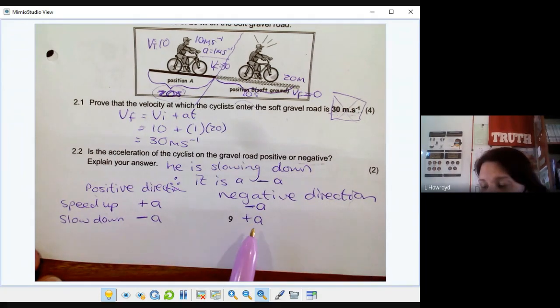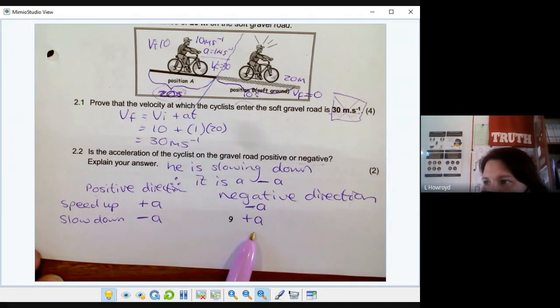Now, this is hard to say: if I give you an acceleration, how do you know if it is speeding up in the positive direction or slowing down in the negative direction? It will be determined by the question. You will be able to distinguish by what the question says.